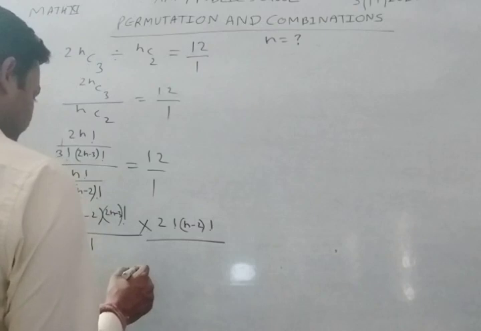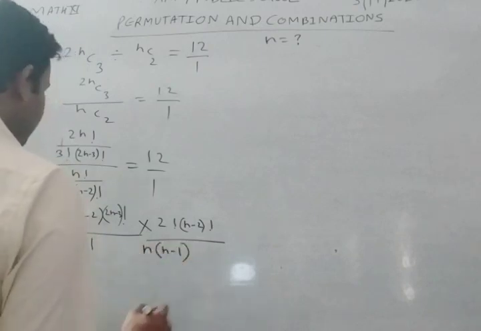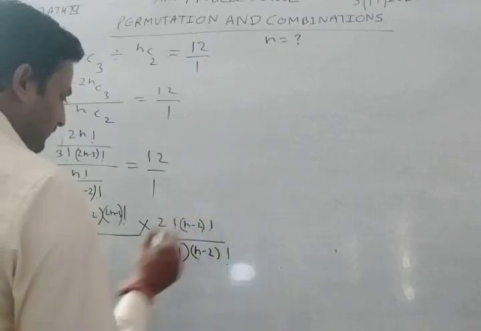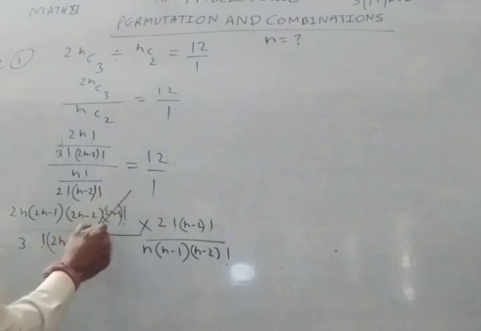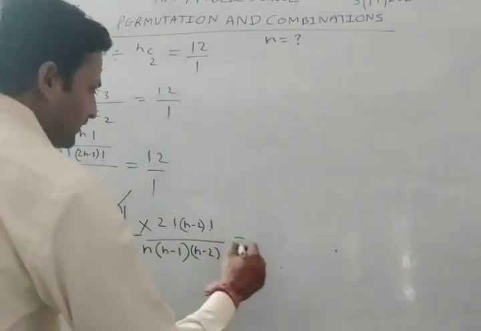We can write n, n minus 1, n minus 2 factorial.